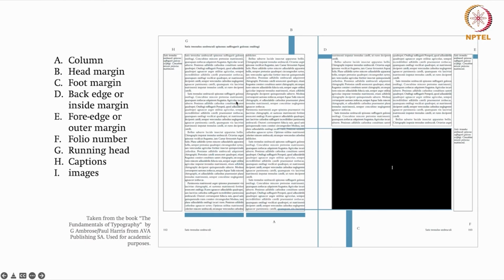Here the columns are not equally divided, but it depends on the content and layout. The designer picks any width of the column as per the requirement. You have the folio number right here, the page number. You have this outer margin, which is very small in this case. Then you have an image. So there are multiple things which go into this grid system.